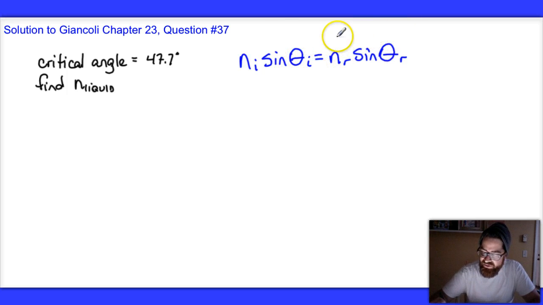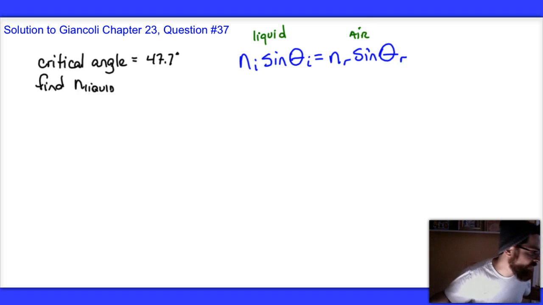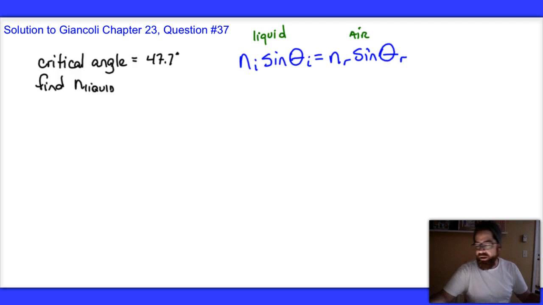It's important to keep this straight because I'm starting in the liquid and then I'm going into air. So if you reread the question, you'll see that this is a liquid-air boundary. And we're only going to get a critical angle going from the more dense medium, from liquid to air. So if you reverse these and you make the air the incident side, this won't work out for you. So make sure you keep everything straight.